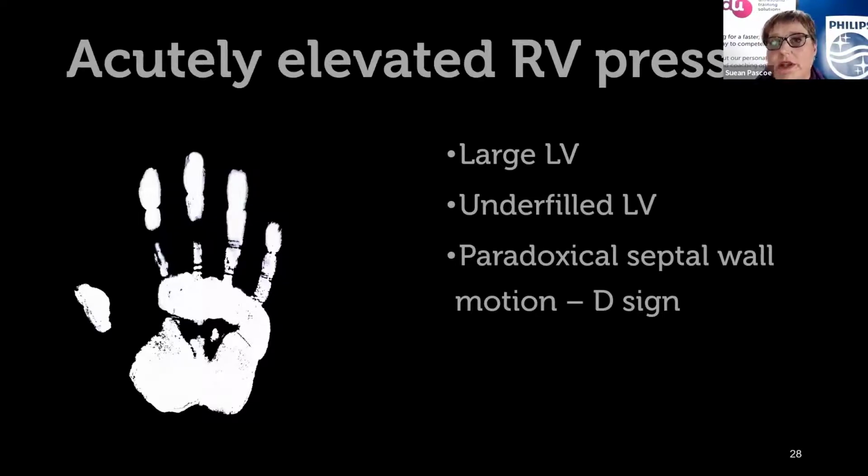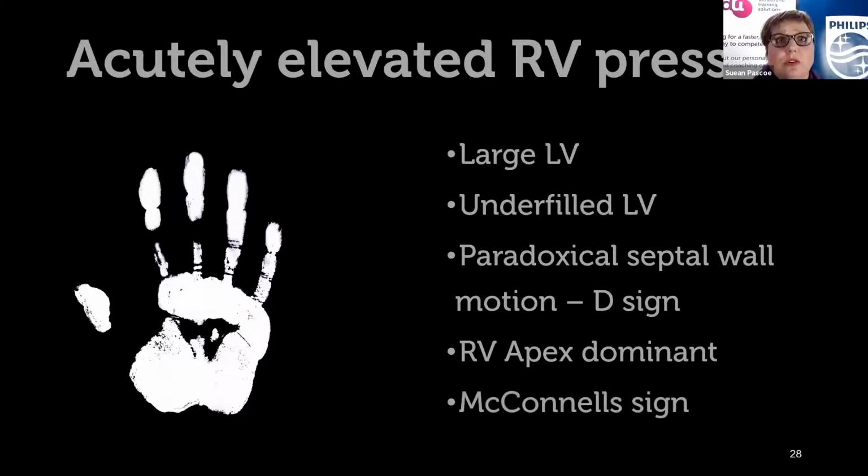I've also heard this described as the OD sign. So when your right ventricle is really big, it's an O, and the left ventricle makes the D. Looking to see which ventricle is more dominant at the apex, and when you've got elevated right ventricular pressures, it's the right ventricle. Last but not least is McConnell sign.